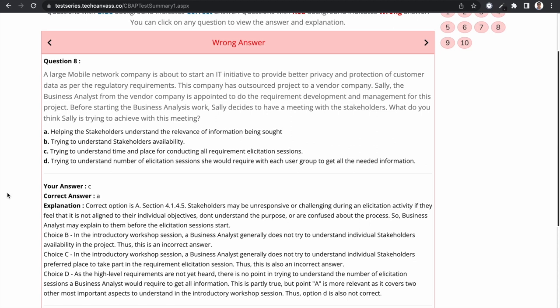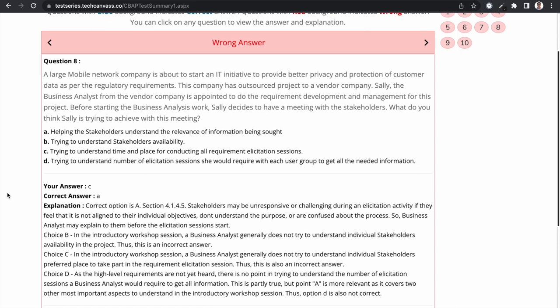Option D is also incorrect because as the high level requirements are not yet heard, there is no point in trying to understand the number of elicitation sessions a BA would require to get all information. This is partly true, but option A is more relevant as it covers two other most important aspects to understand in the introductory workshop session. Thus, option D is also not correct.